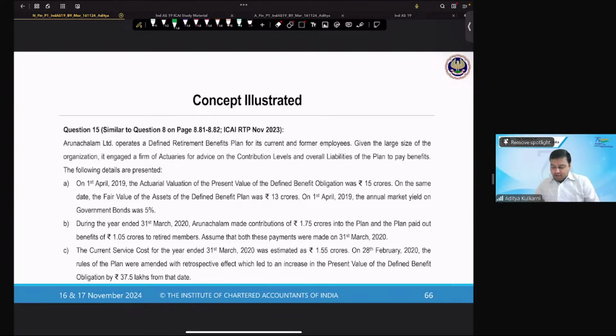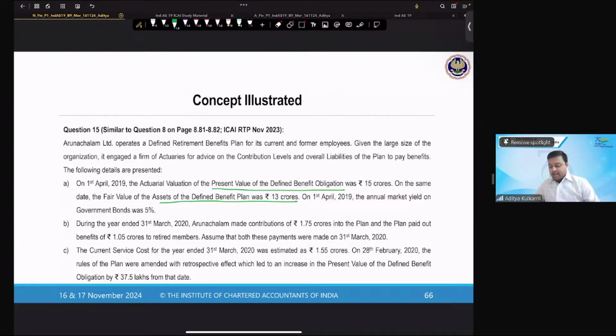On 1st April 2019, the actuarial valuation of the present value of defined obligation was 15 crores. On the same date, the fair value of the assets of the defined benefit plan was 13 crores. So this is assets, 13 crores. So there is a net opening deficit of 2 crores.